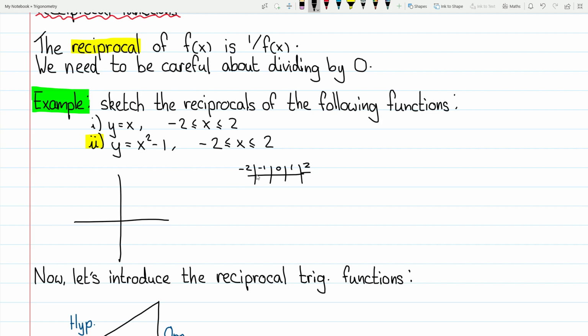We then look at our outputs. Negative 2 squared minus 1 is going to be 3. Negative 1 squared minus 1 is 0. 0 squared minus 1 is negative 1. Then we get 0. Then we get 3 again. Plotting these on here, we get something that looks like this.